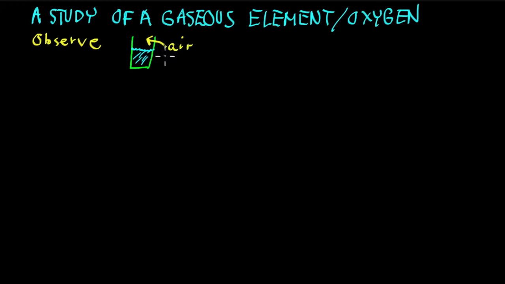Air is called a homogeneous mixture. Homogeneous, that is not a swear word. Homogeneous means uniform throughout. Doesn't mean necessarily the same composition, but uniform in appearance throughout. That's what air is. But the mixture comes in because air is about 21% oxygen.